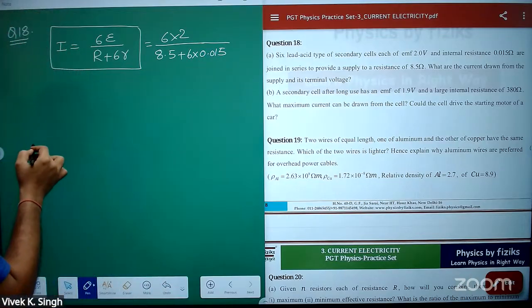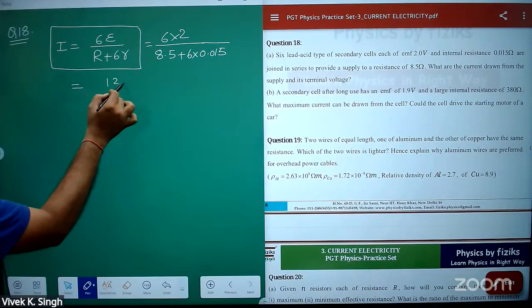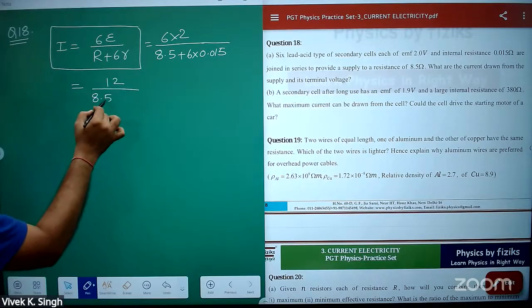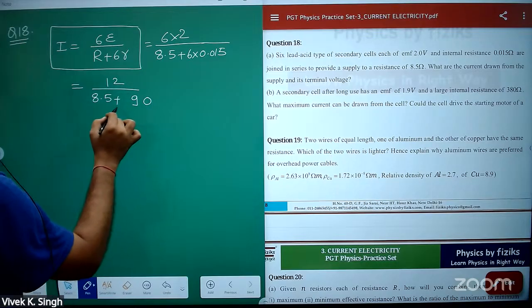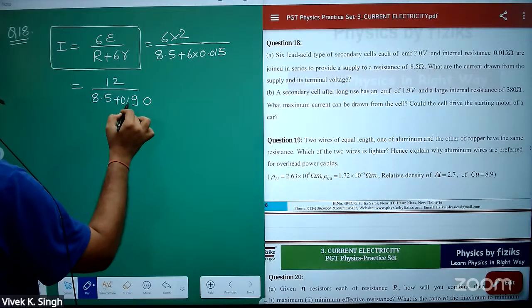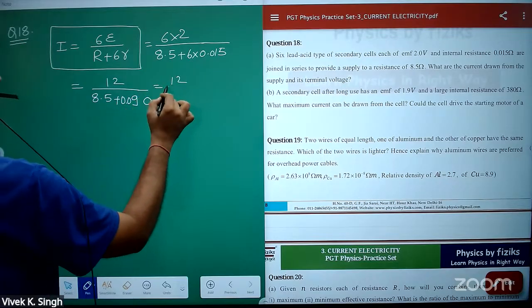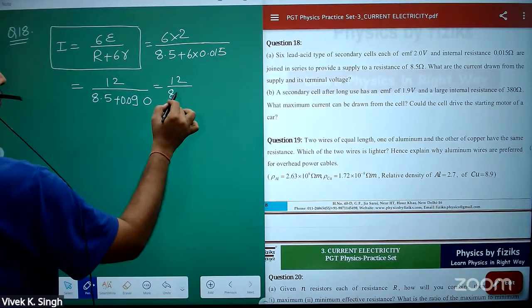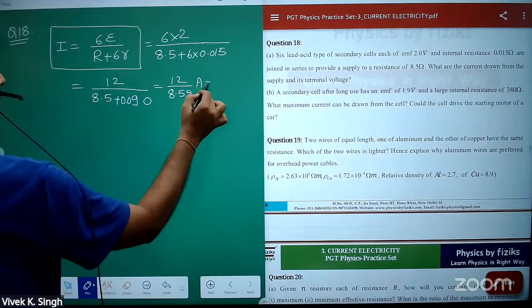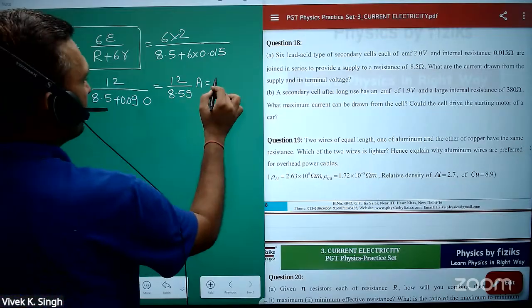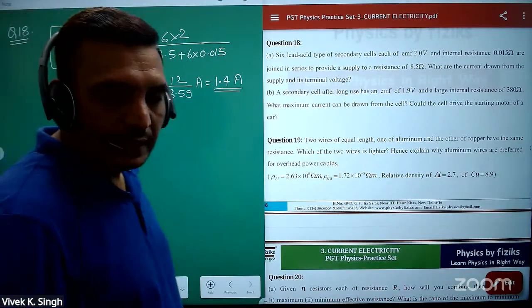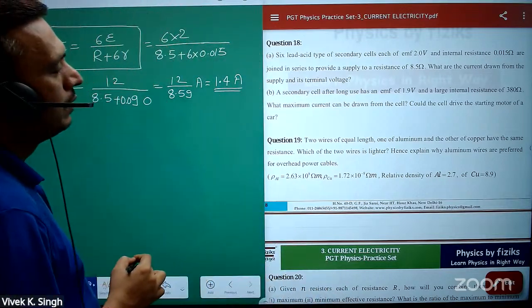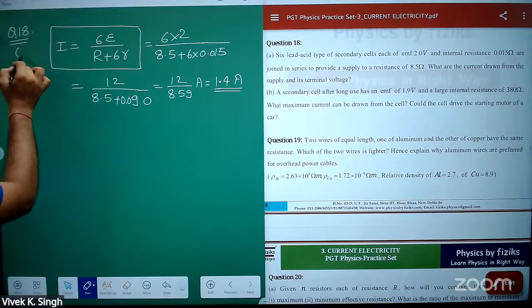So this value will be 12 by 8.5 plus 0.09, so this is 12 by 8.59 ampere, and this value is approximately 1.4 ampere, because they are connected in series. This is A part.